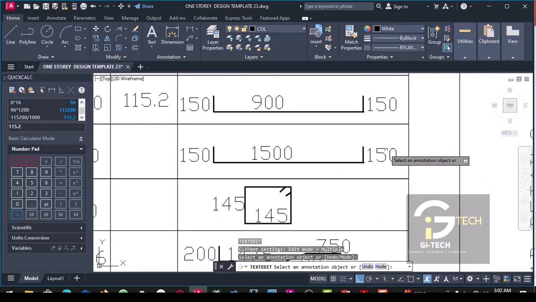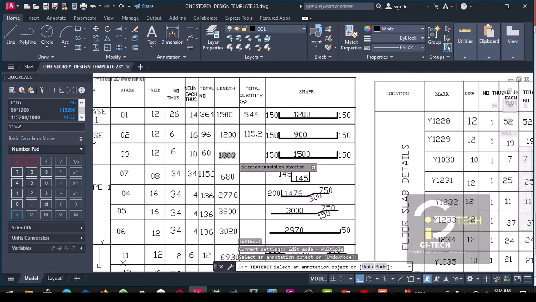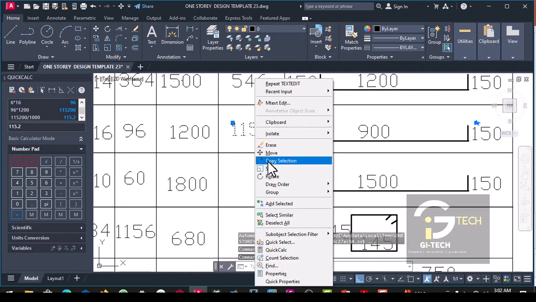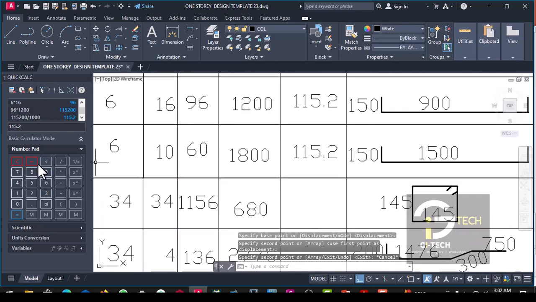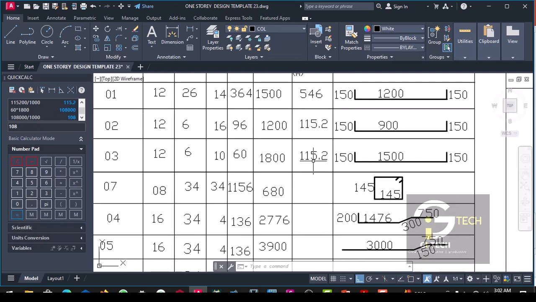When you add up these bend up bars, you have 1800. So total quantity will be 60 times 1800. We divide that by 1000. So we have 108 meter.